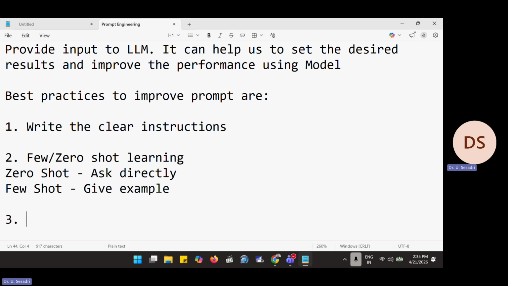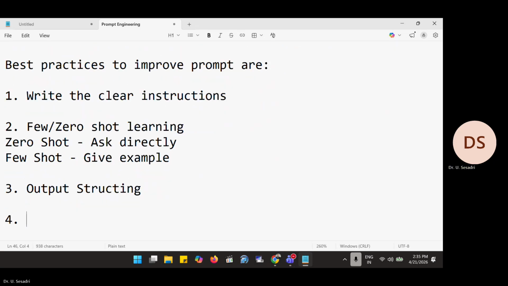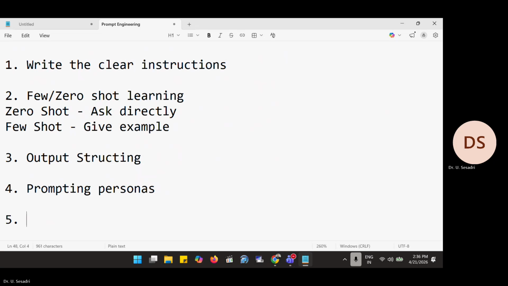Third is output structuring. Fourth, prompting personas. Fifth, give the model time to think.